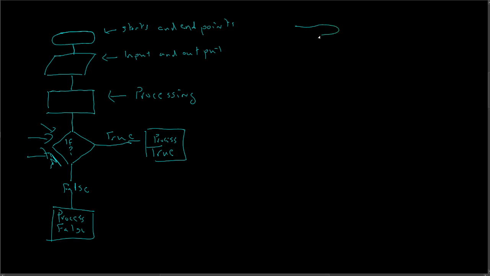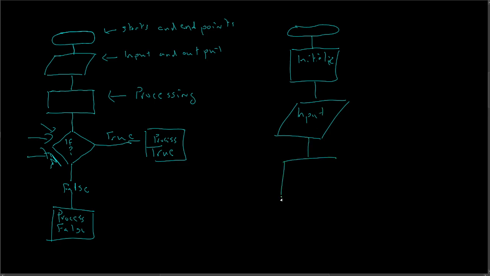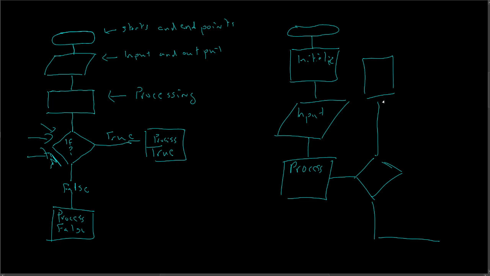Generally, we've been having the program starts. We initialize our variables. Then we get input. And then we process. And in the processing, there might be decisions. Right, things go off this way, things go off this way. Right, other processing happens here.